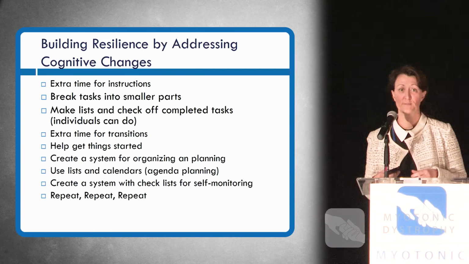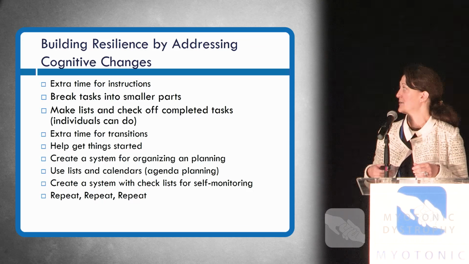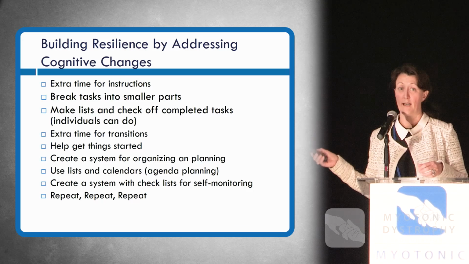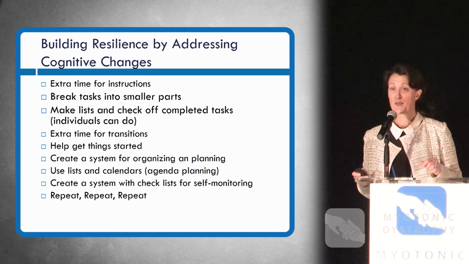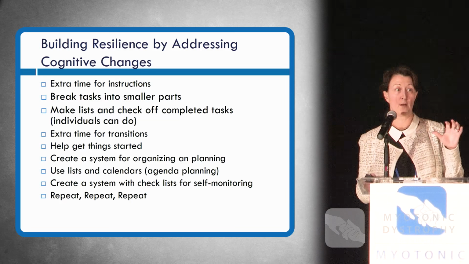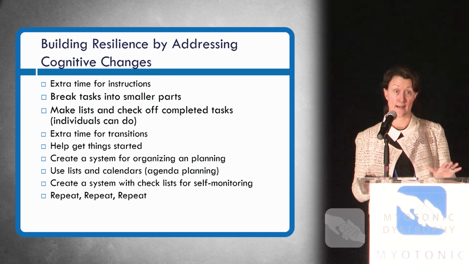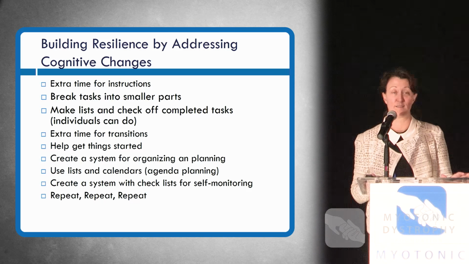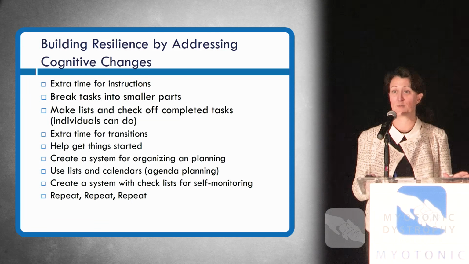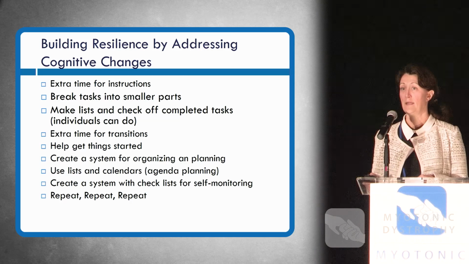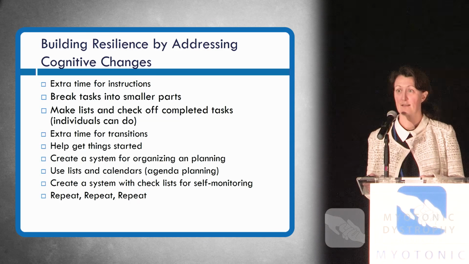And I think something that's really important, and I noticed I made a mistake here, but repeat, repeat, repeat. That's very important. So what might take one person one pass at getting the full instructions and understanding what's going on may take somebody else 3 times.